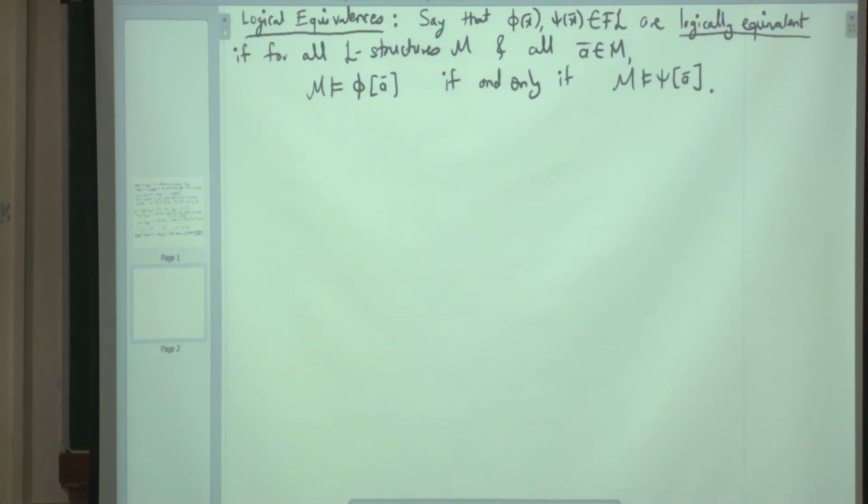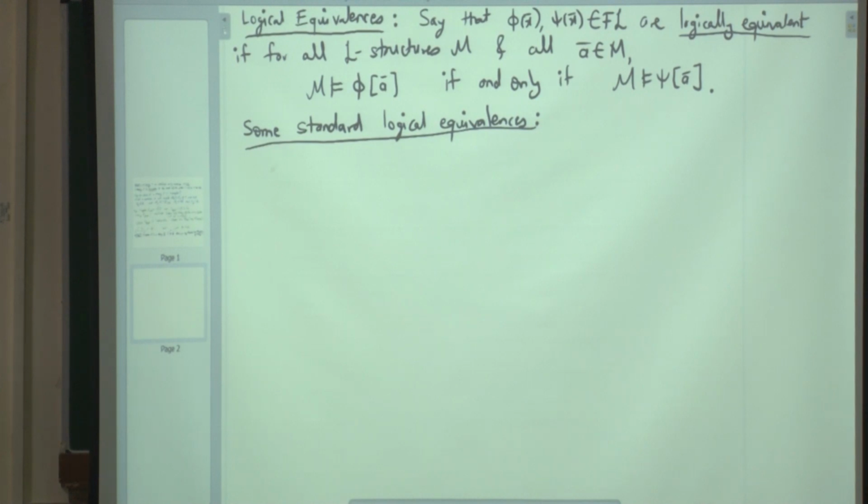Okay, this is just a recall. Now some standard logical equivalences. This is not an exhaustive list. I cannot list all of them. Yeah, there are infinitely many. But I will give you some important ones.